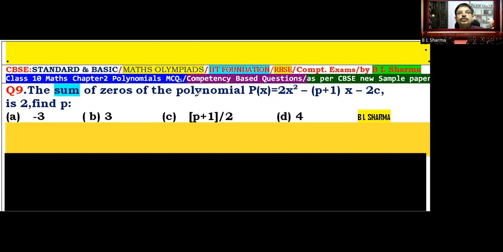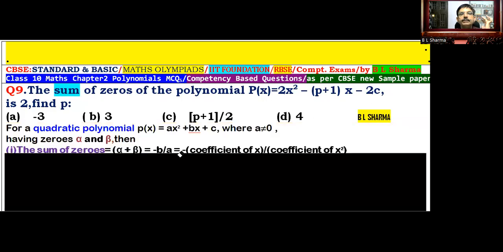The sum of zeros of the quadratic polynomial 2x square minus (p plus 1) into x minus 2c is given. It is given that the sum of the zeros of this quadratic polynomial is 2, then find the value of p. We know that the sum of the zeros of a quadratic polynomial is given by negative of the coefficient of x upon the coefficient of x square.